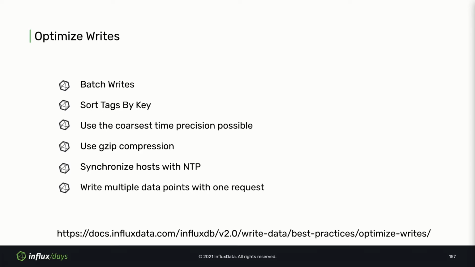Using gzip compression to send data will optimize the time of your writes, and synchronizing your host with the NTP server will also help. Whenever possible, write multiple data points within a single request. The more of these steps you can take, the more optimized your writes will be to InfluxDB, and the faster you can get going with making meaning from your data.